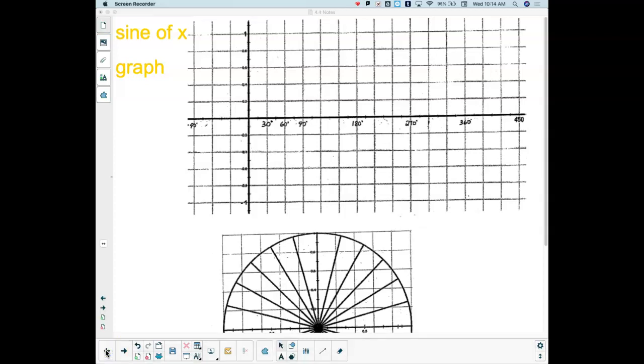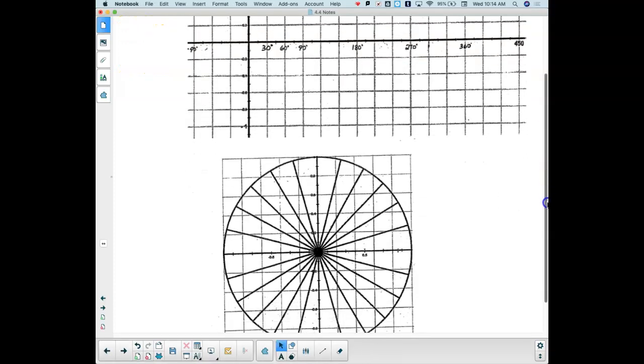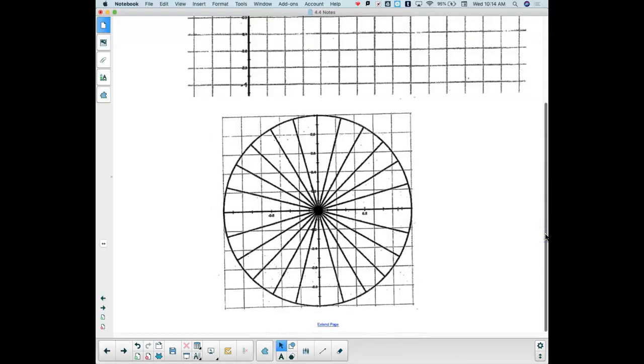So, on that piece of paper that you have on the front side, we are going to be graphing the sine of x. So y equals sine of x. Okay? At the bottom of that piece of paper is a unit circle. It's just going to be our unit circle.